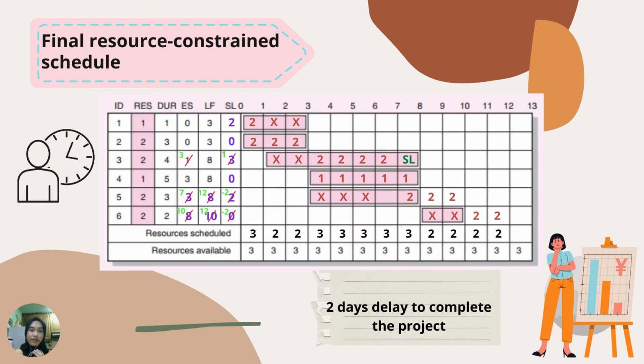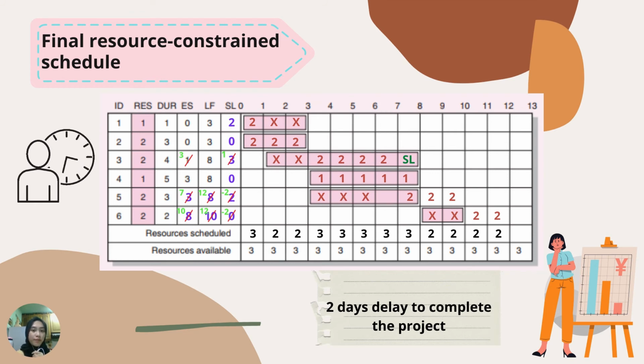For ID5, the resource skill is 2, but the duration is 3. So we will start the activity at day 8 to day 10. It is because day 4 until day 7 has exceeded the limit, because the limit for 1 day for resources available is only 3.